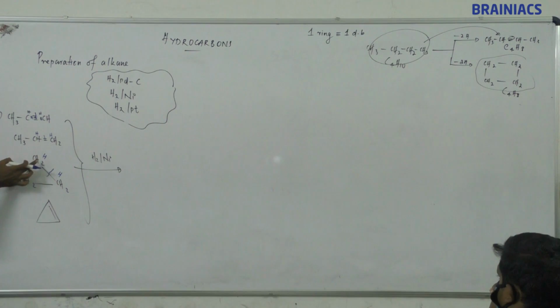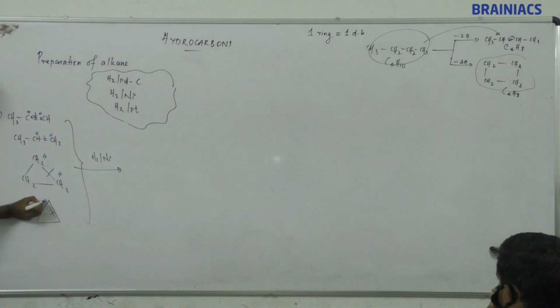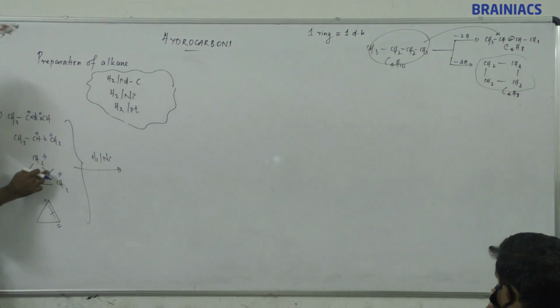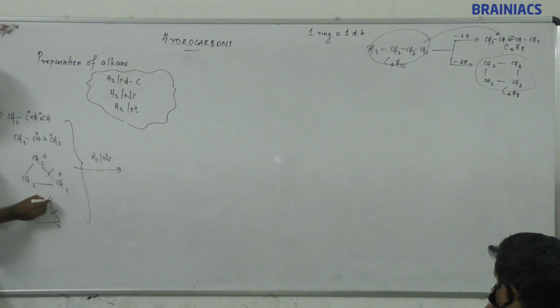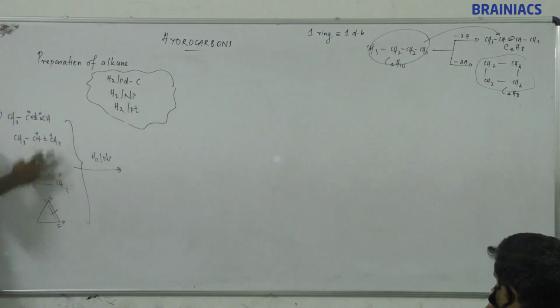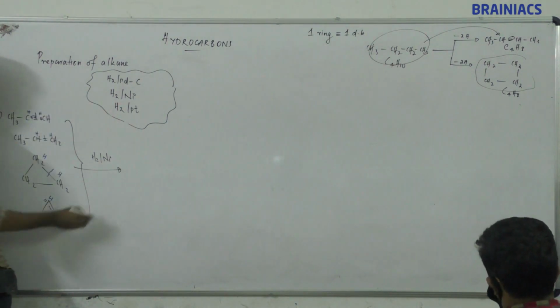So CH3, CH2, CH2. For this one, this bond is cleaved to become cyclopropane, and you know that cyclopropane further undergoes hydrogenation. So these two are cleaved to become the very same product. So all are propane.